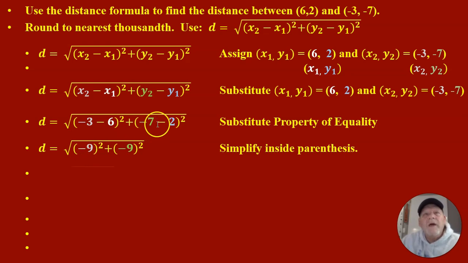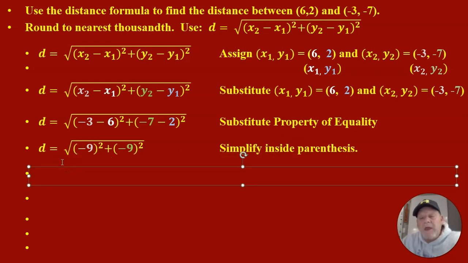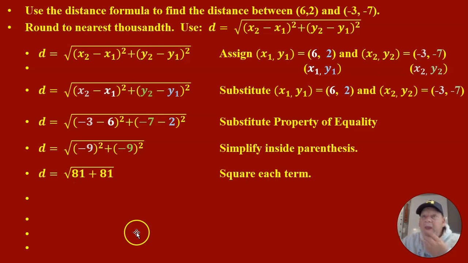I'm going to square that. Negative 7 minus 2 is negative 9. I'm going to square that, and I'm going to add them together. You have to use the order of operations, PEMDAS. I simplify inside the parentheses first, and now I'm going to do the exponents, PE, parentheses and then exponents. Negative 9 times negative 9, or negative 9 squared, is a positive 81, plus a positive 81.